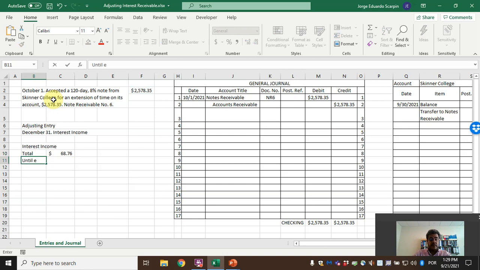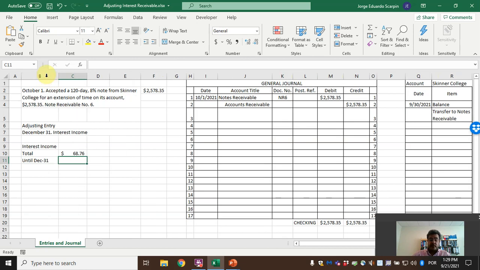Until December 31st. It is the total divided by 120 times October 30 days, November 30 days, December 30 days, times 90. 51, and then January 22, January 22.